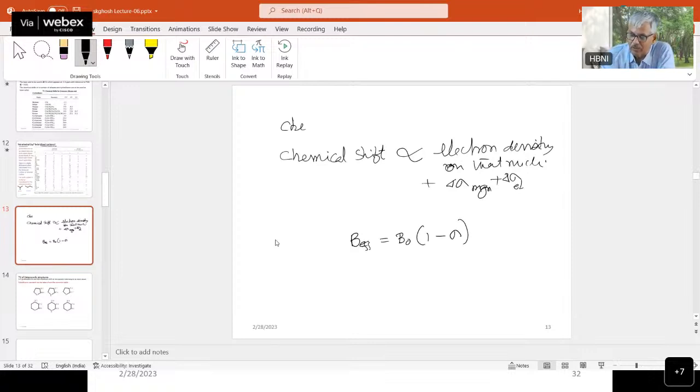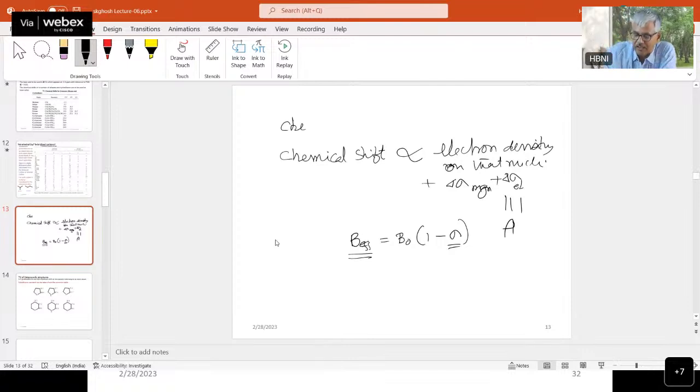This sigma value for proton is not that large, but for other nuclei that value is quite large. So when that value is quite large, the B effective actually experienced by the nuclei is quite different between the two.